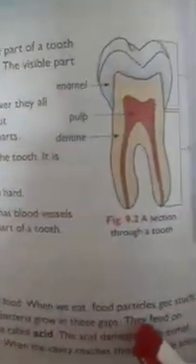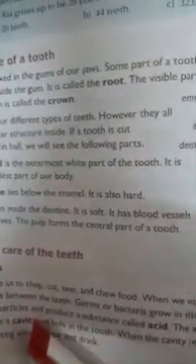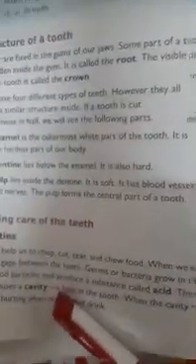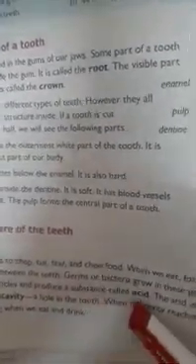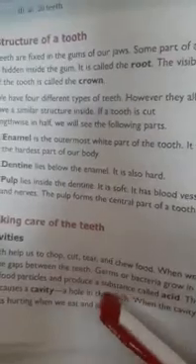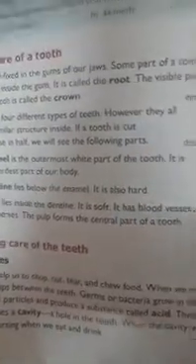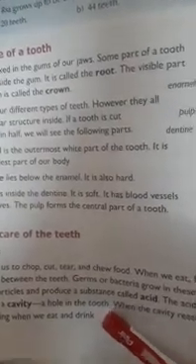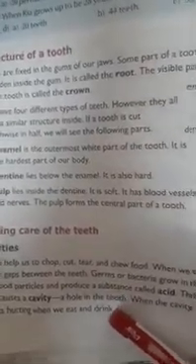When we eat, food particles get stuck in the gaps between the teeth. Germs or bacteria grow in these gaps. They feed on the food particles and produce a substance called acid. The acid damages the enamel and causes a cavity, a hole in the tooth. You might have seen in children's teeth some black color holes.